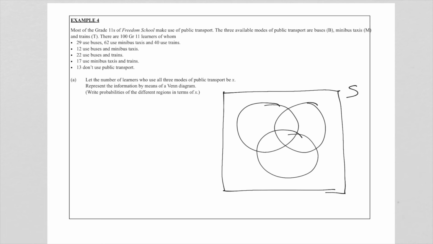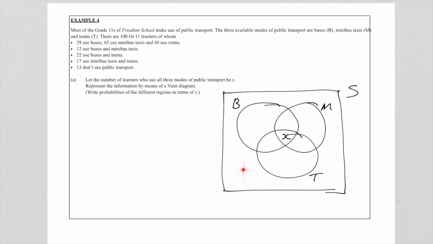So this one I'm going to name B for buses. And then the next one for the minibus taxis. And then T for train. Now, what they told us here is that those learners who use all three modes of transport, we must call X. So this part will be X. And now we're going to look at what the other parts all represent, and also what is outside.